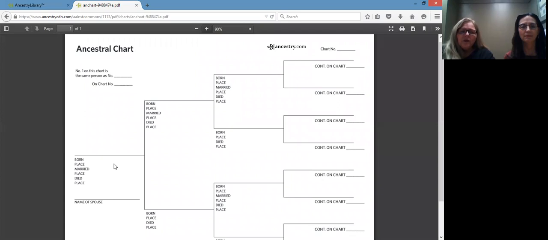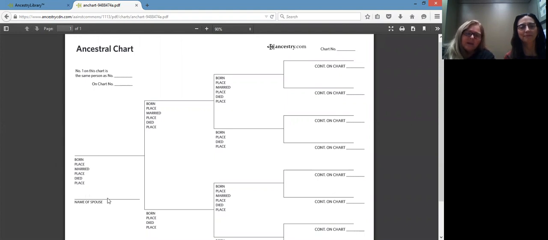Or if you're going on back on a line that you just want to trace that one line, you can do it that way. So if I was doing this for me, I would put my name, where I was born, who I married, and where we got married, and then somebody else can fill out the died, and where, and all that.